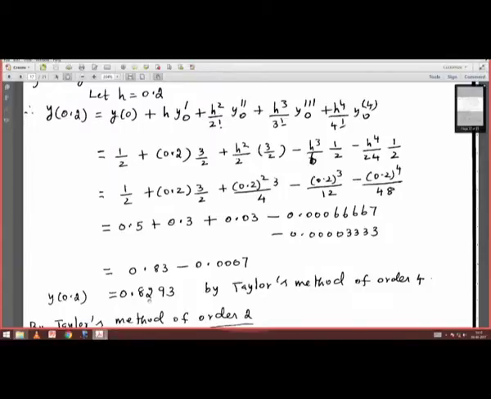So, we have a new initial value problem. So, we would like to march one step ahead. Since h is 0.2, we will compute the solution at x is equal to 0.4 and obtain y at 0.4.